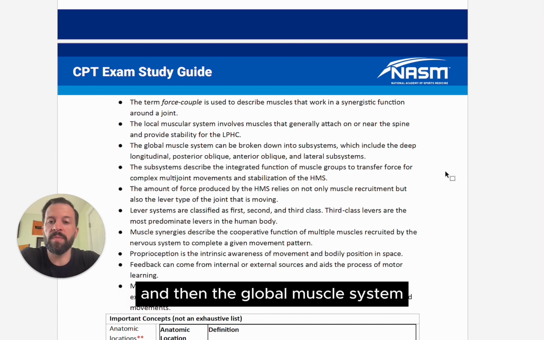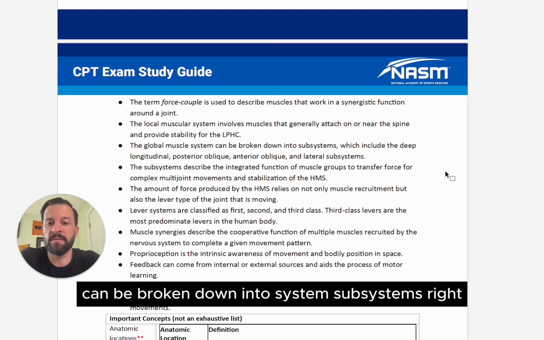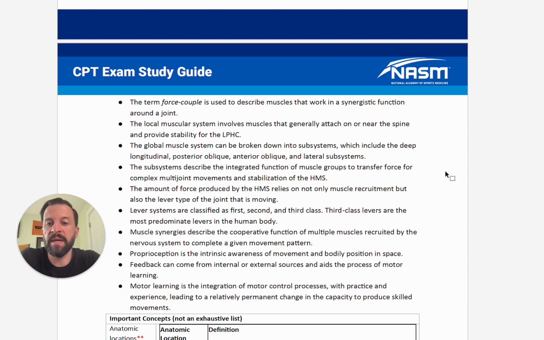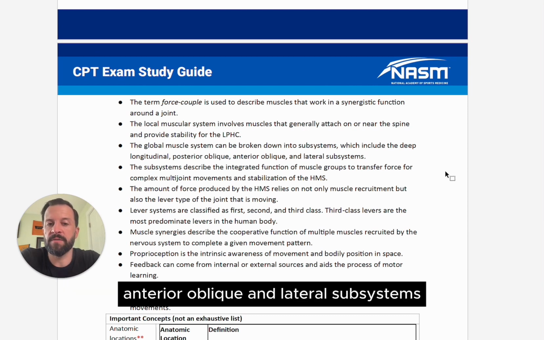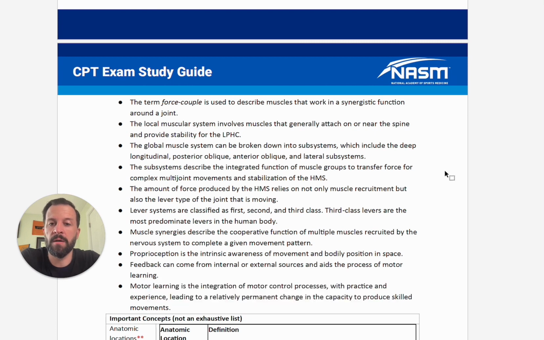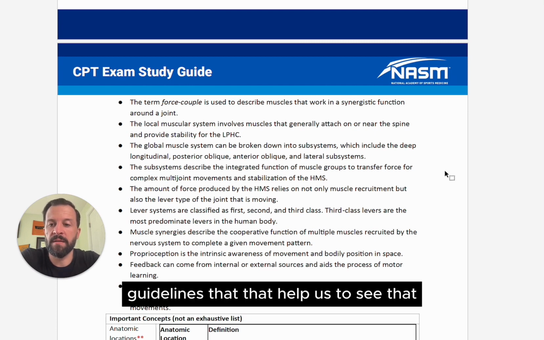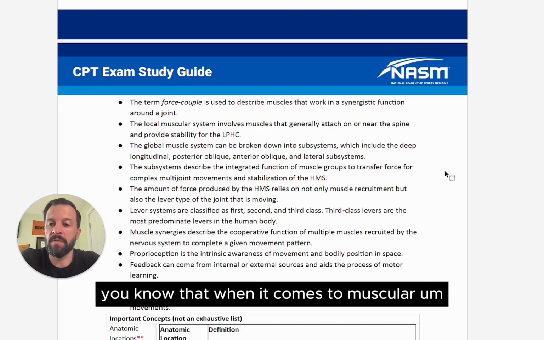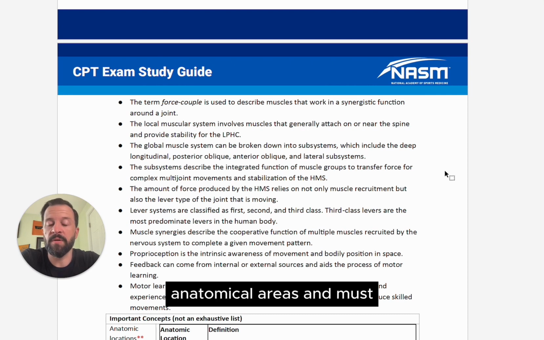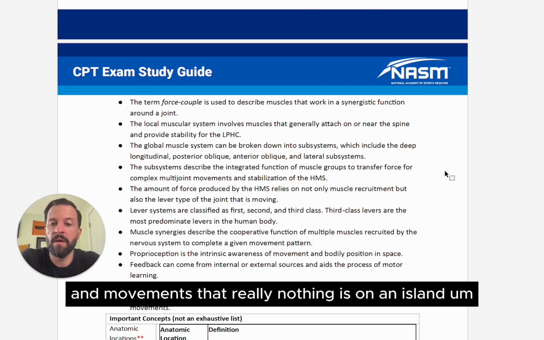And then the global muscle system can be broken down into subsystems, right, which include the deep longitudinal, posterior oblique, anterior oblique, and lateral subsystems. So these are just our anatomical guidelines that help us to see that when it comes to muscular anatomical areas and movements, really nothing is on an island.